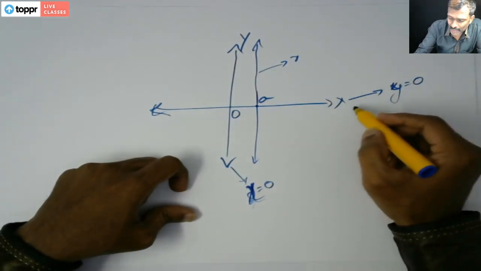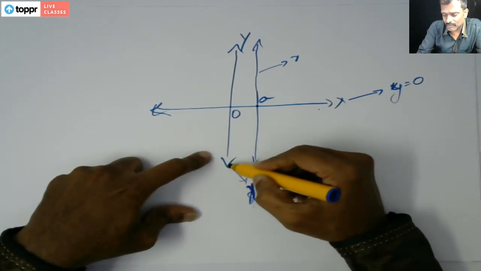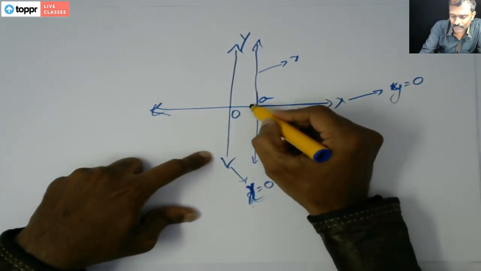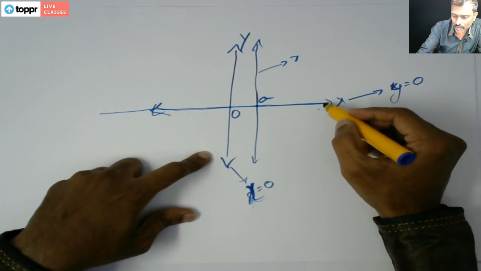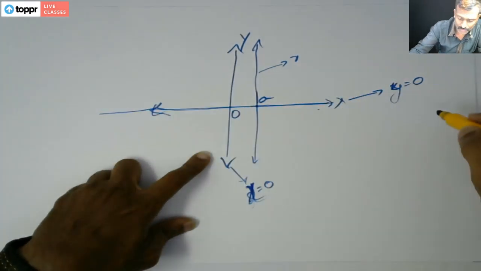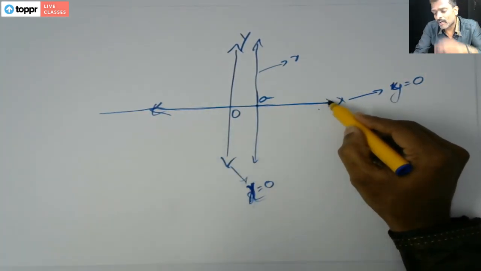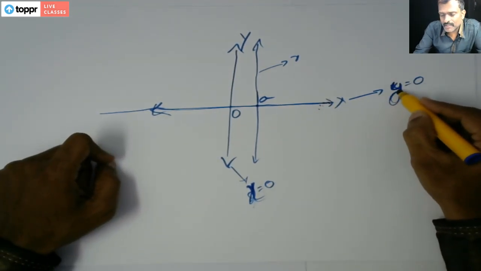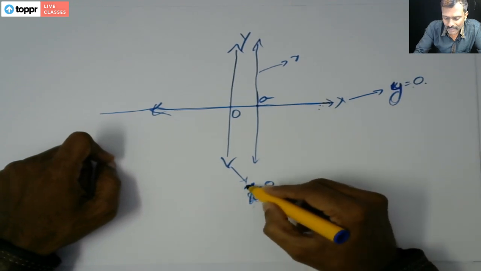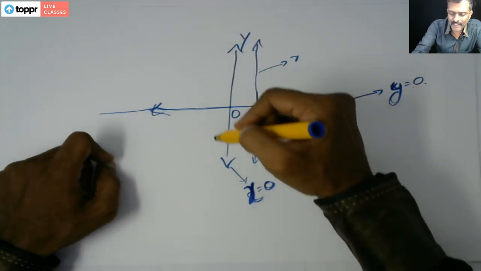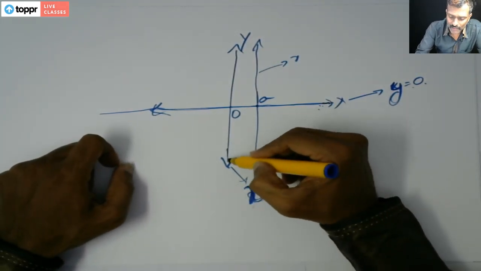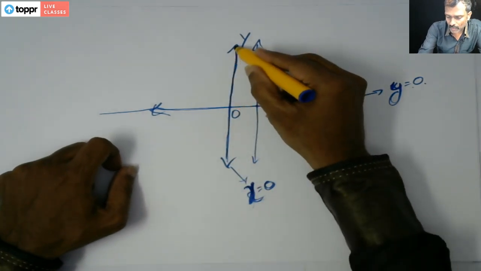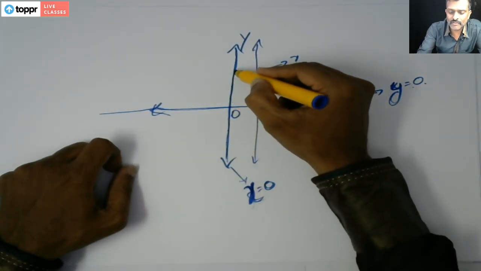Because see, why this is y is equal to 0 and this is x is equal to 0: on this line, however far you walk, the value of the y coordinate is always equal to 0. So this is y is equal to 0, and the equation of the y-axis is x is equal to 0. Here also, the further you walk on this y-axis, your x values will not change.